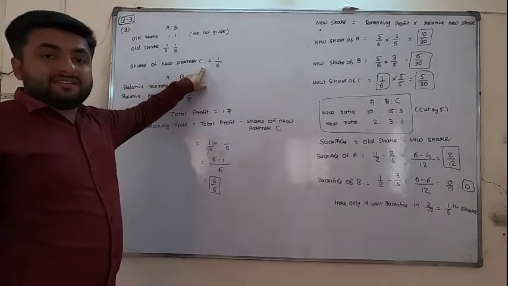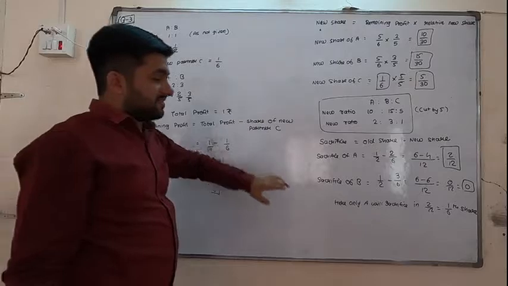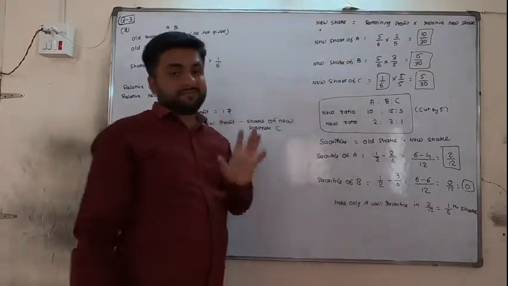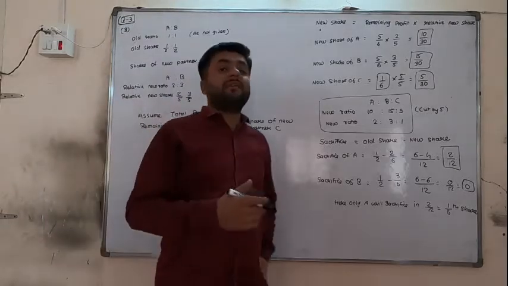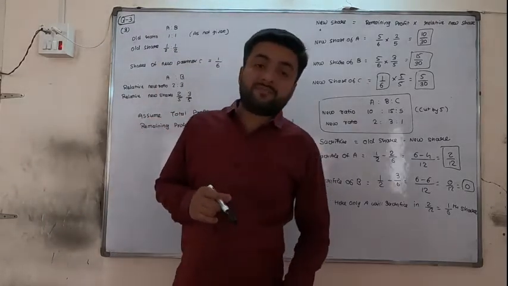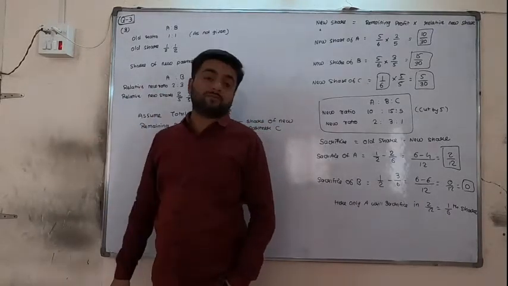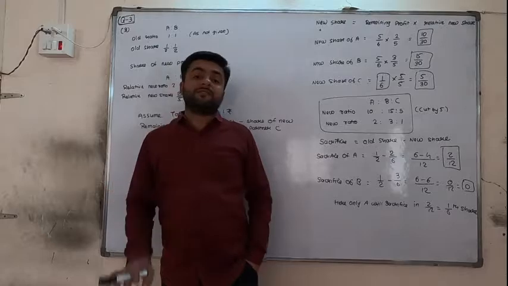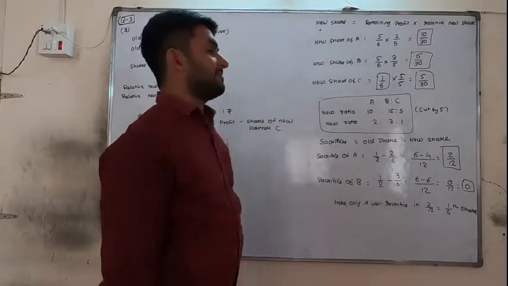New partner C is receiving 1 by 6th share, and the same 1 by 6th share is given by A. It is possible to check. So in these types of sum, you can cross check your thing. As I said in the previous chapter, if one will sacrifice, the other should gain. If all are sacrificing, then it's not possible. If all are gaining, then also it's not possible. So one will sacrifice, other will gain, more or less.